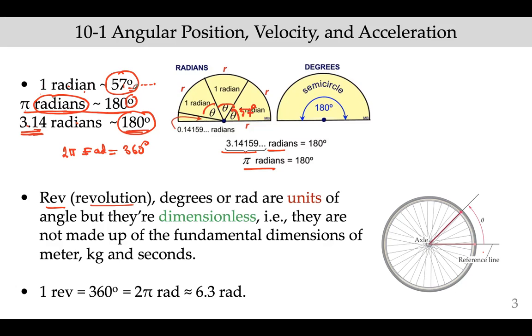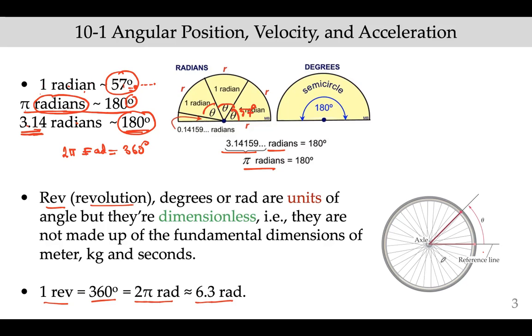In addition to radians and degrees, there's also another unit which is called revolution. 1 rev is 360 degrees, or 2 pi radians, and you know 2 pi is approximately 6.3 radians. So 1 rev means this bicycle wheel makes 1 full rotation.